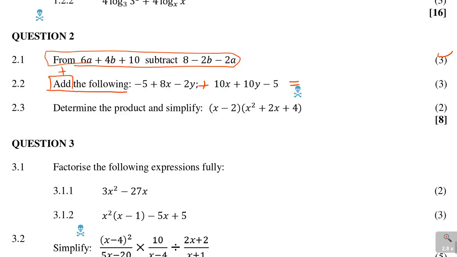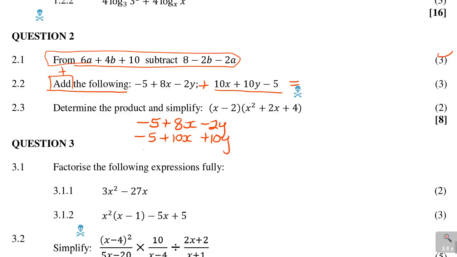When you're adding them, you can just collect like terms. Some prefer to rearrange them so that they look like this. This is still fine. Minus 5 plus 8x minus 2y. Whenever you rearrange this, you can start with minus 5, and then you've got plus 10x plus 10y.